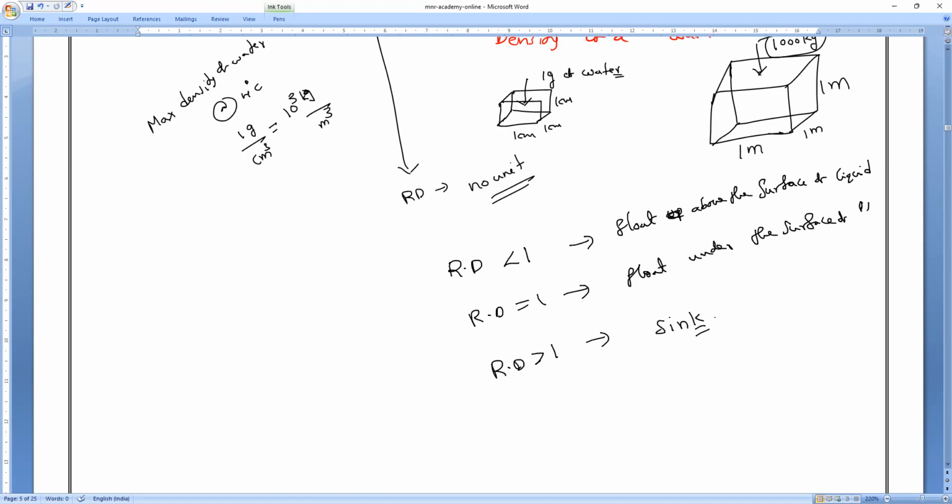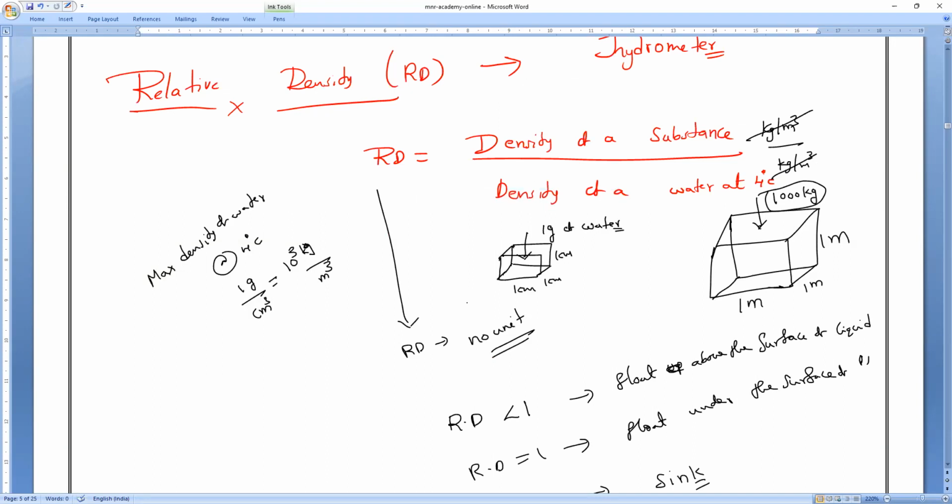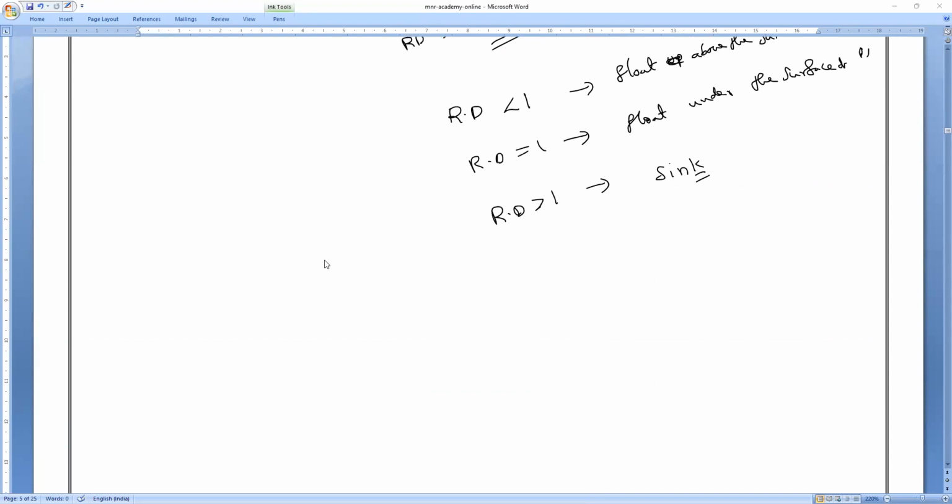One more thing to keep in mind, the most important. As I said, maximum density of water is at what temperature? 4 degrees Celsius. Other than water, no other substance has this property. For any substance, as you studied in chemistry, as temperature increases, density decreases.